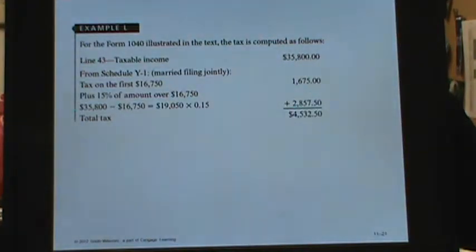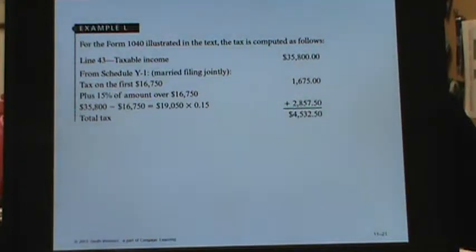So for the Form 1040 illustrated in the text, the tax is computed as follows. On line 43, they had a taxable income of $35,800, and they were married filing jointly. So the tax on the first is 10% of $16,750, which is $1,675, plus 15% over that.